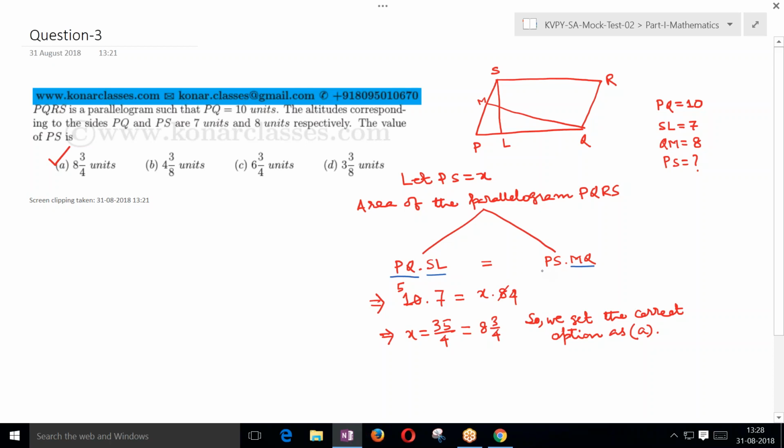So then we can use the other side of the parallelogram, that is PS, which we need to find. So this should be the approach, this is the way to formulate the answer. That is why my suggestion is always to practice, and this kind of online test platform makes for very, very rock solid preparation.